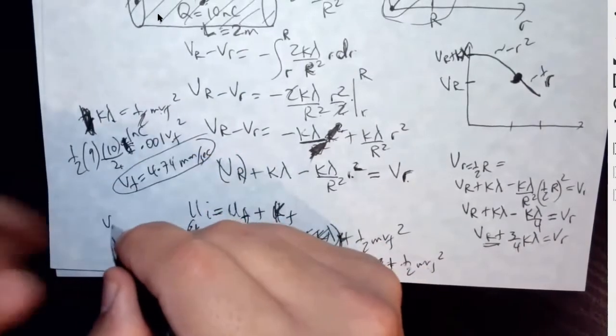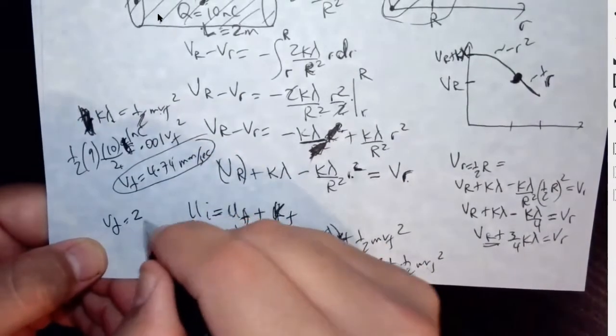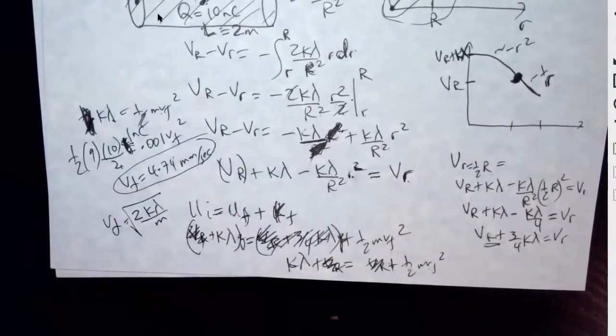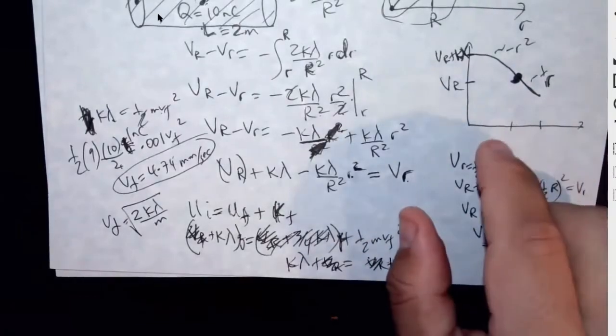So V final is going to be the square root of 2k lambda over m. That's for the surface.